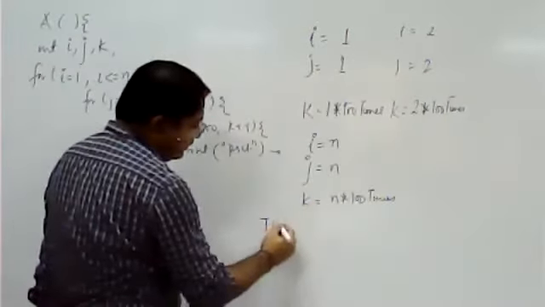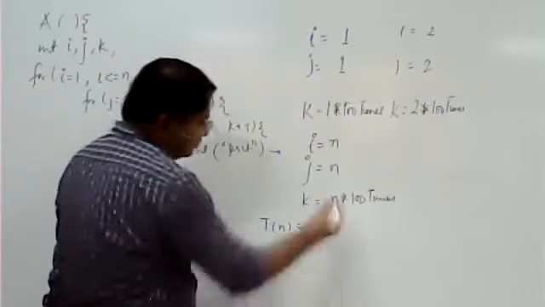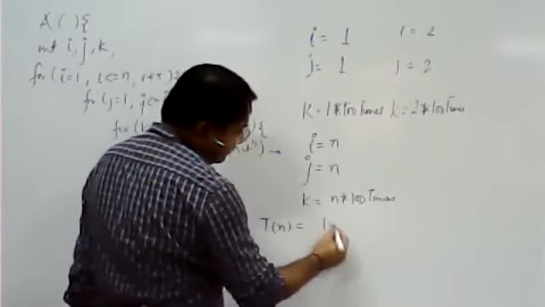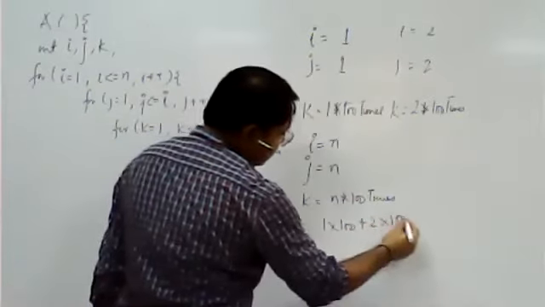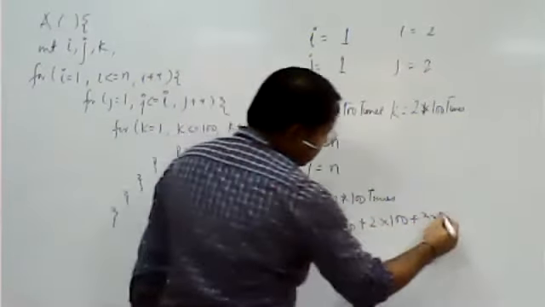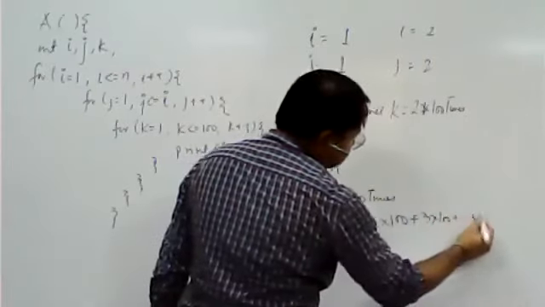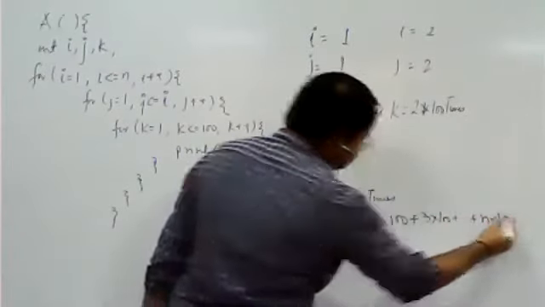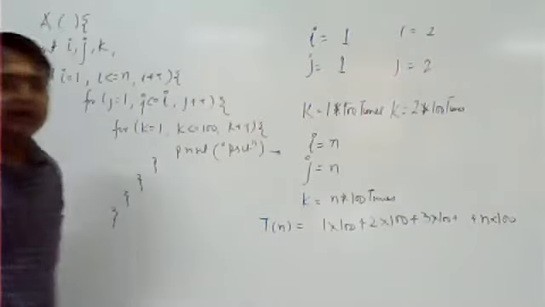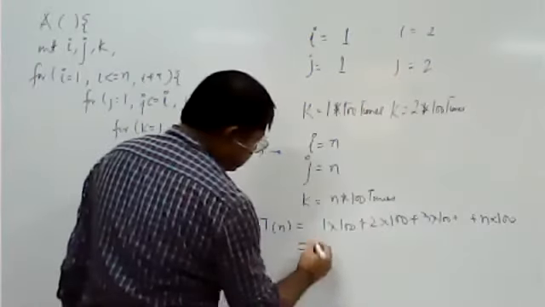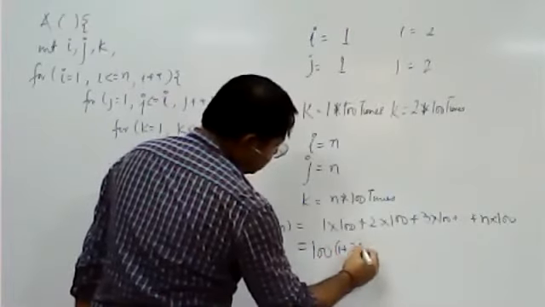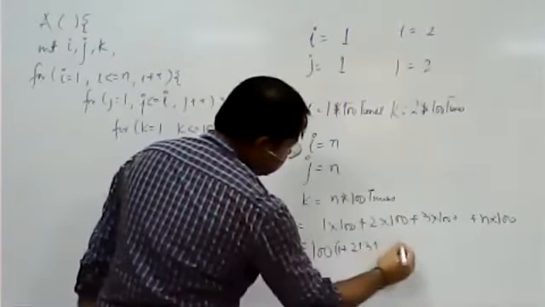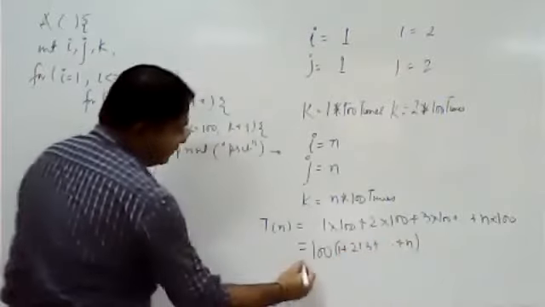So if we calculate, T(n) is equal to the total number of times k is running: 1 into 100 plus 2 into 100 plus 3 into 100 plus up to n into 100. If we take 100 as common, we get 1 plus 2 plus 3 plus up to n, that is the sum of n natural numbers.